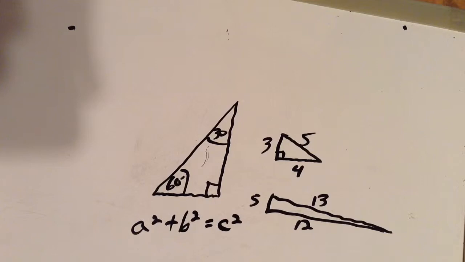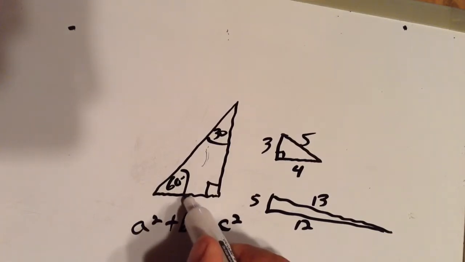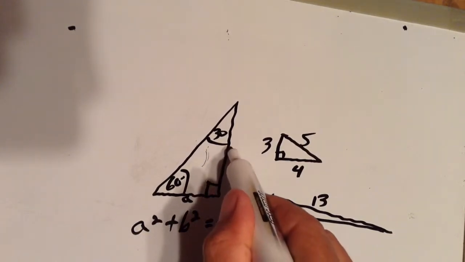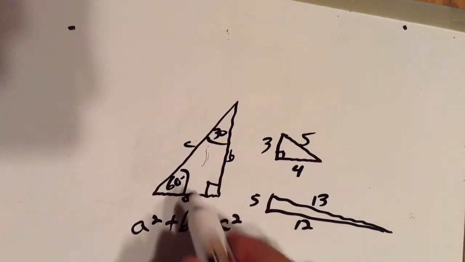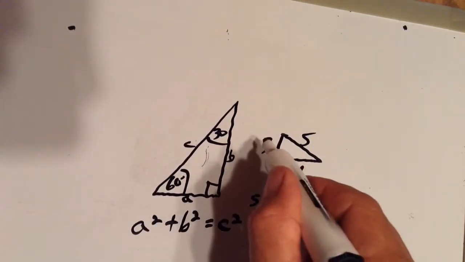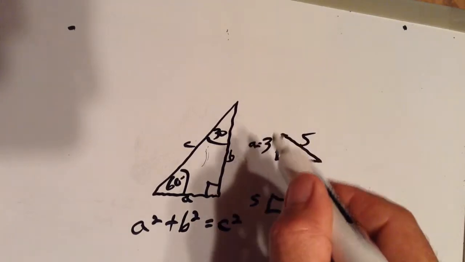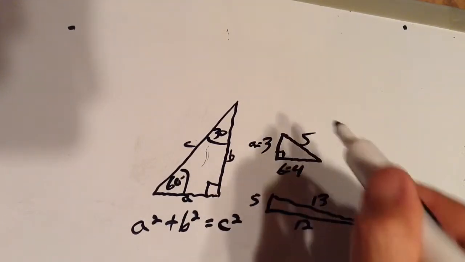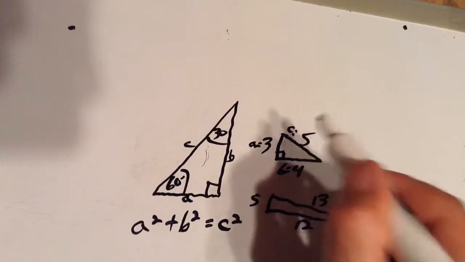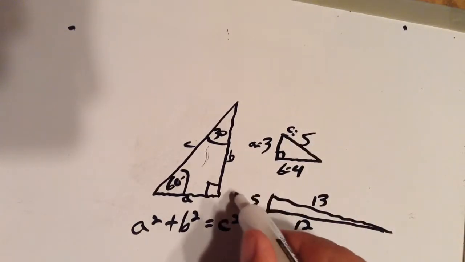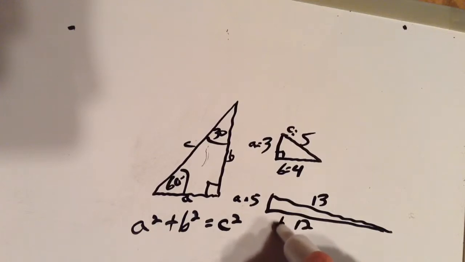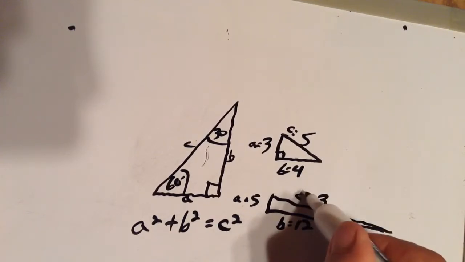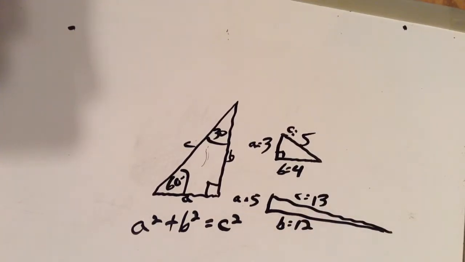A is the length of one leg, the other leg would be B, and the hypotenuse is always C. It doesn't matter which of the legs are A and B. The hypotenuse is always longer than any of the legs.